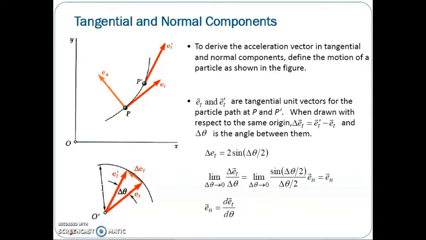When the particle moves from position P to P prime at a later instant, we have e_t prime to be the unit vector corresponding to that position at P prime. If we draw both vectors, e_t and e_t prime, from the same origin O prime as you see here, then delta e_t is equal to e_t prime minus e_t.